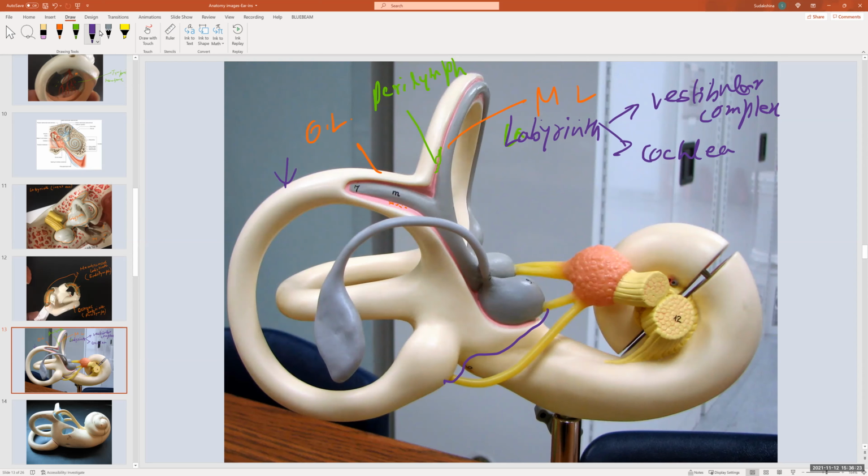In that vestibular complex, as you can see, there are half circle canals and there are sac-like structures. These sac-like structures together, what I'm highlighting in green, this and this, refer to this as the vestibule.